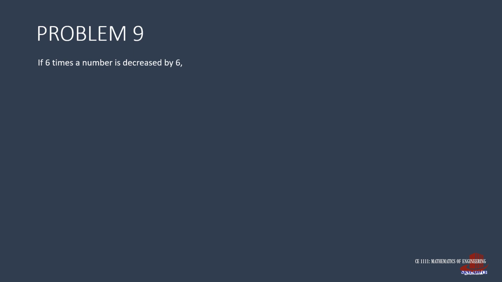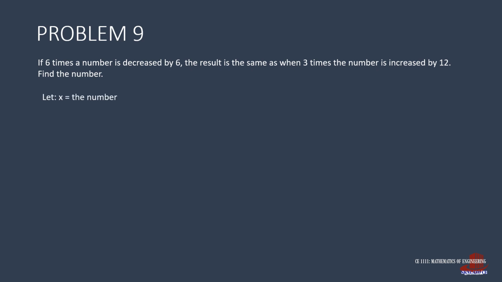The next problem states, if 6 times the number is decreased by 6, the result is the same as when 3 times the number is increased by 12. Find the number. This only has one variable assigned as x. The problem can then be translated as 6x minus 6 equal to 3x plus 12.